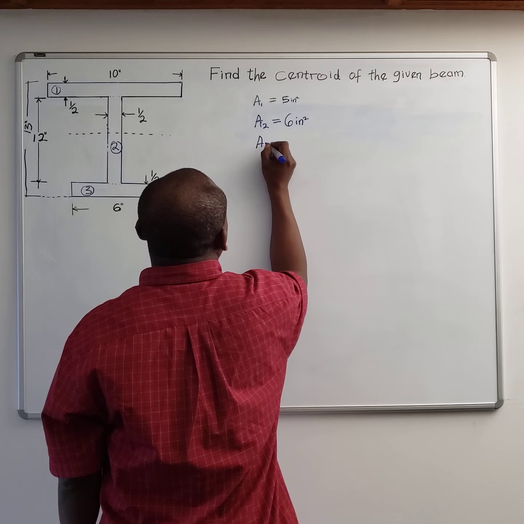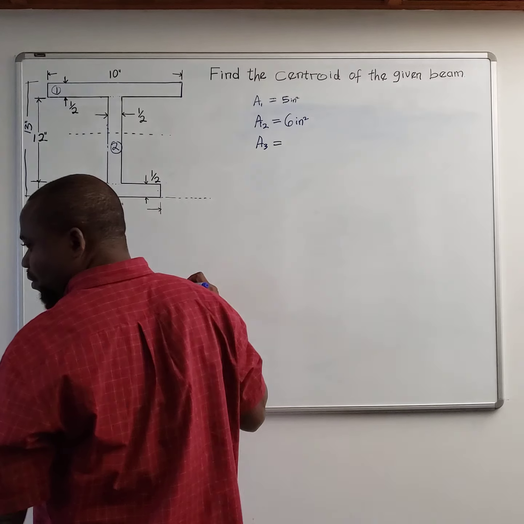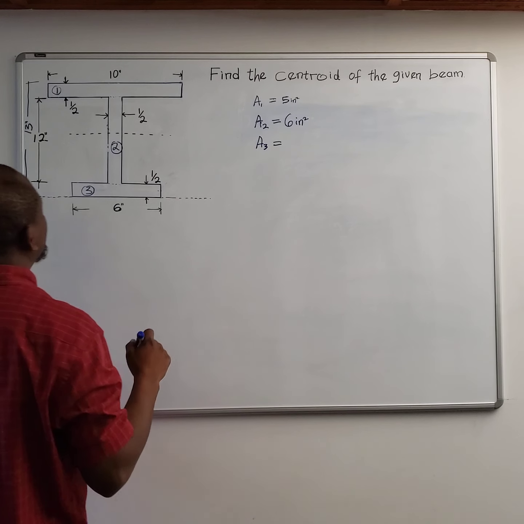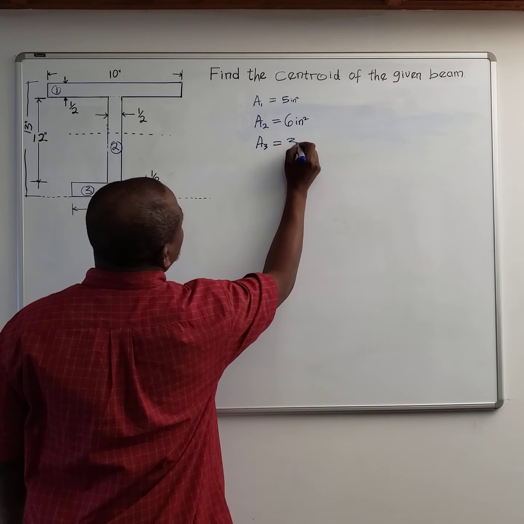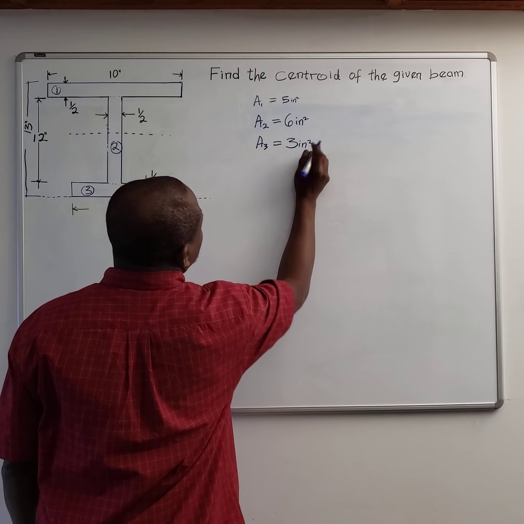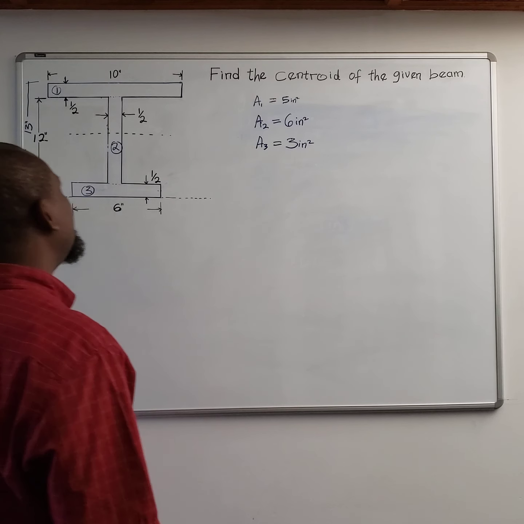And then area 3 will be 6 multiplied by half, that will be 3 square inches. So we have all the areas.